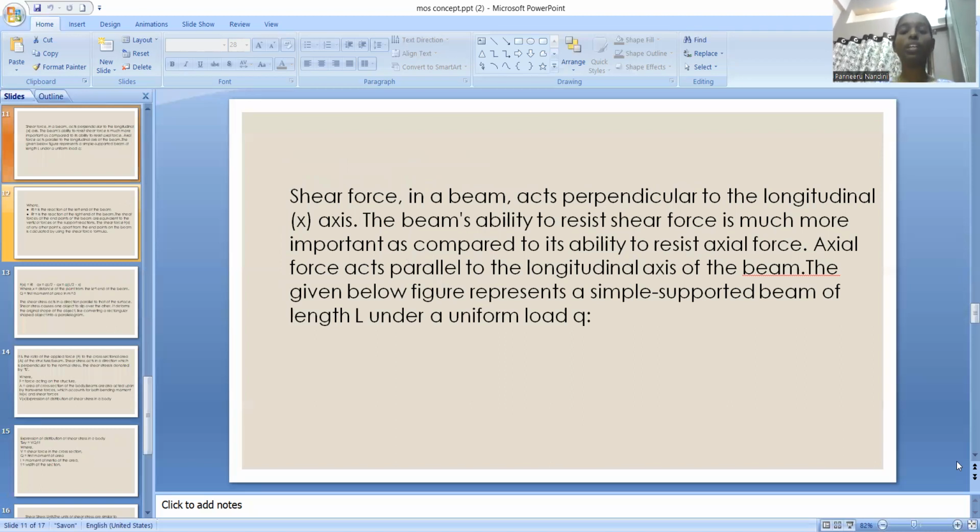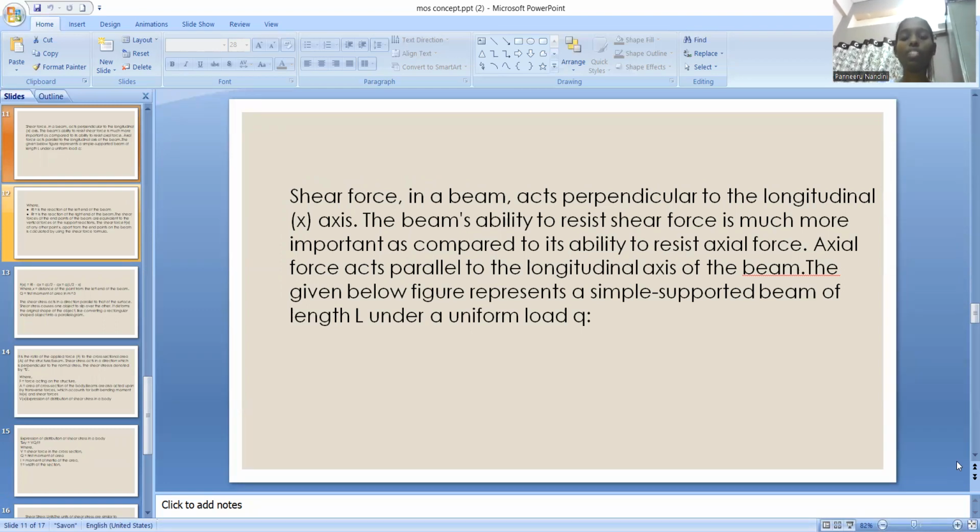Shear force in a beam acts perpendicular to the longitudinal axis. The beam's ability to resist shear force is much more important as compared to its ability to resist axial force. Axial force acts parallel to the longitudinal axis of the beam.